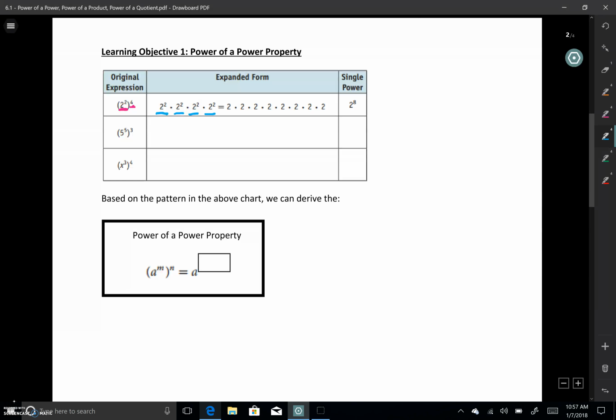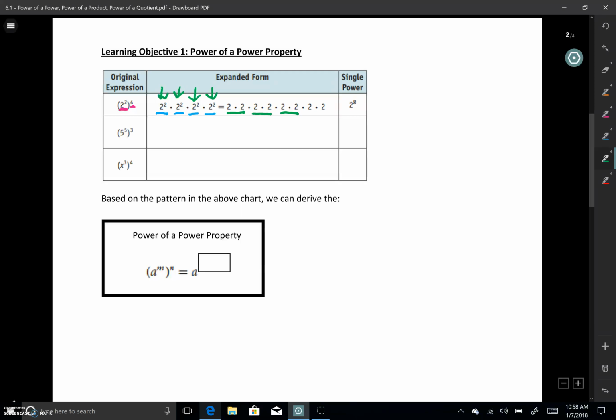But then I can interpret this even further and ask myself, well, what does 2 squared really mean? Well, that's 2 times itself twice. So for our first 2 squared right here, I have 2 times 2. For our second 2 squared, I have another 2 times 2. I have a third, so here's another set for 2 times 2.